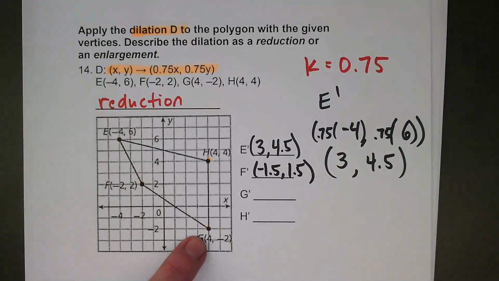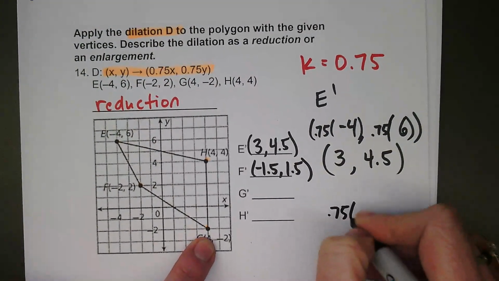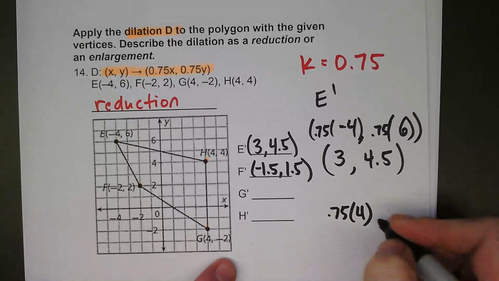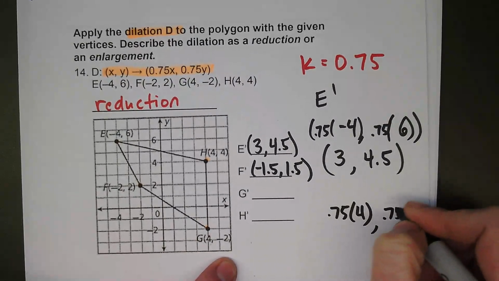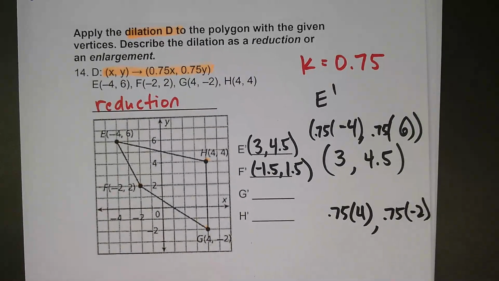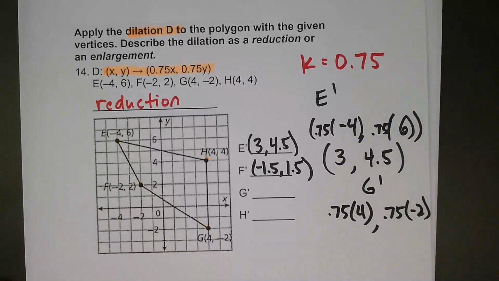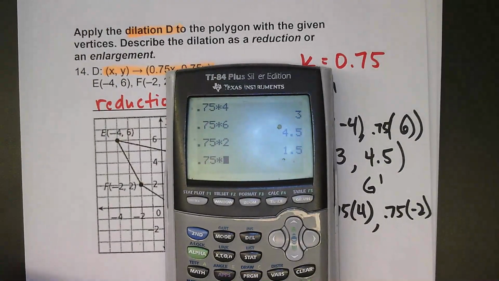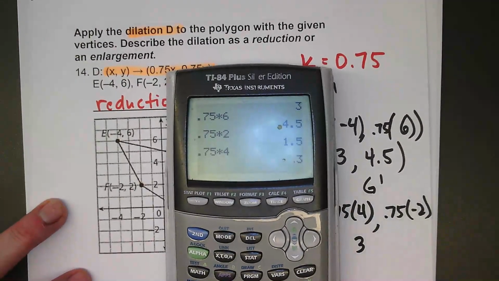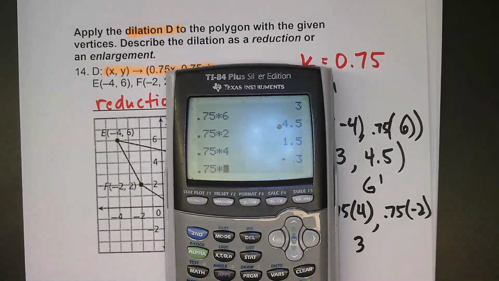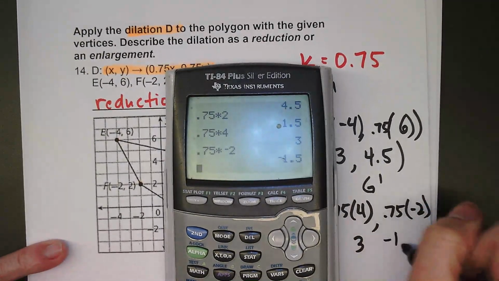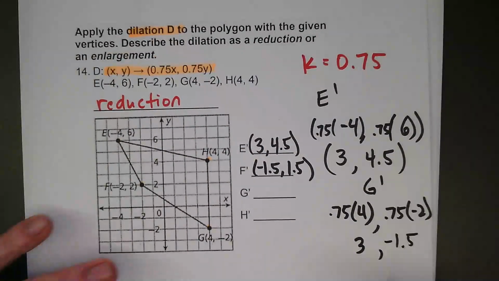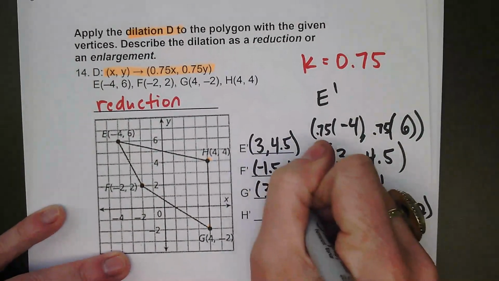To find G prime, we're going to do 0.75 times 4, and then 0.75 times -2. So G prime: 0.75 times 4 is 3, and 0.75 times -2 is -1.5. So that's our G prime.